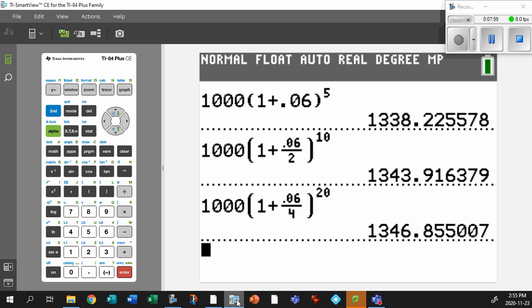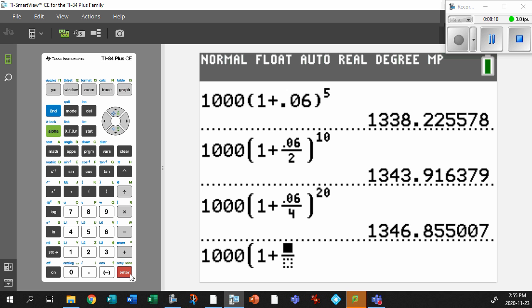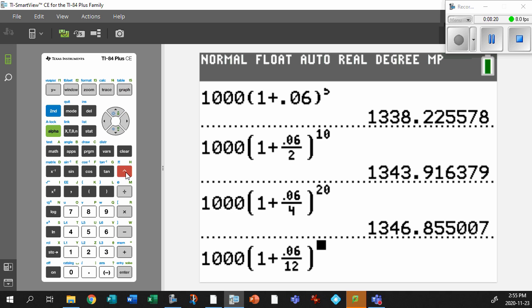Okay, so let's figure this out. Boom. Same. 1,000. Bracket 1 plus the interest rate, alpha 1. Let's do the fraction of 0.06, right? Over 12, it's compounding every month. Bracket to the power of, remember, do you remember what the number was?